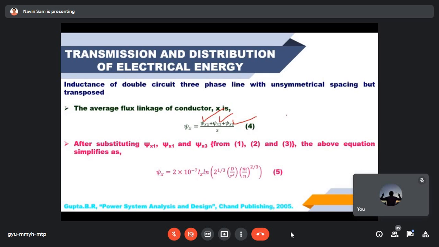So now we have evaluated the average flux linkage psi x. Now it is time to evaluate Lx. So Lx is equal to psi x divided by Ix.